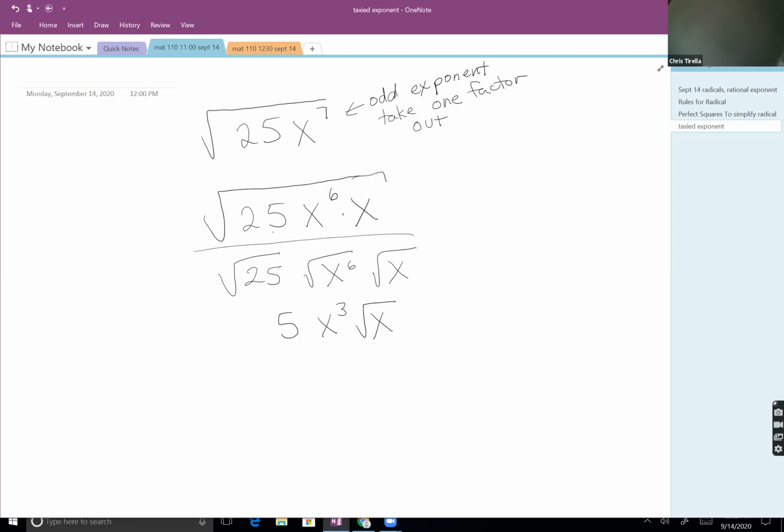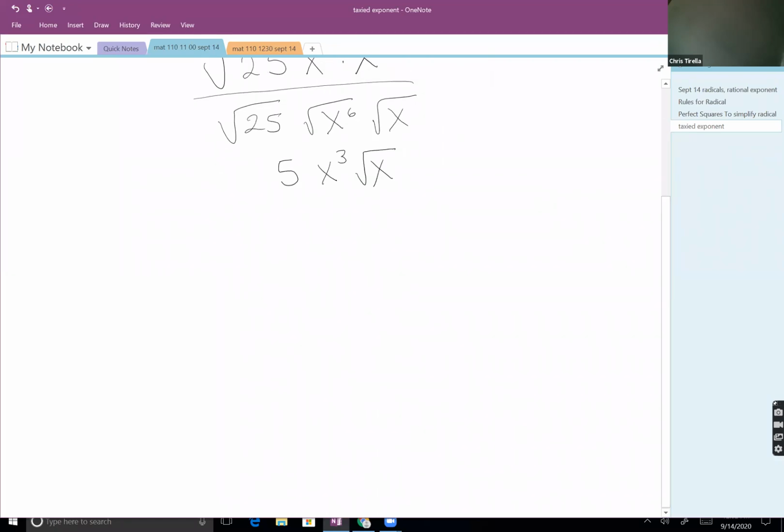So let's look at one that's a little bit more involved. If I have the square root of 72 x to the 4th y to the 9th.